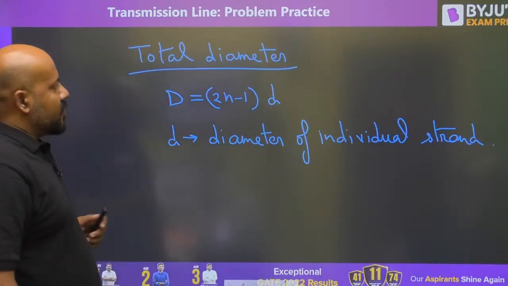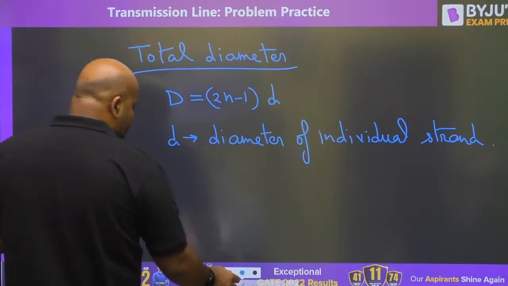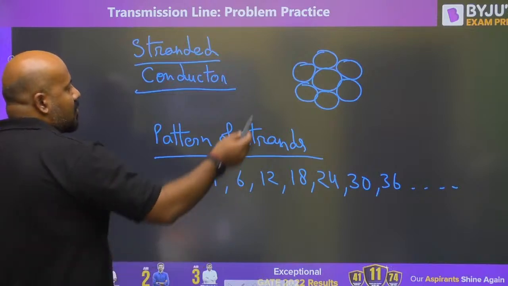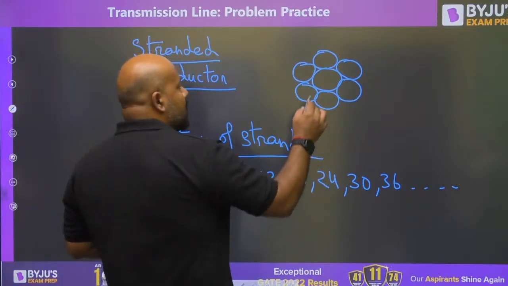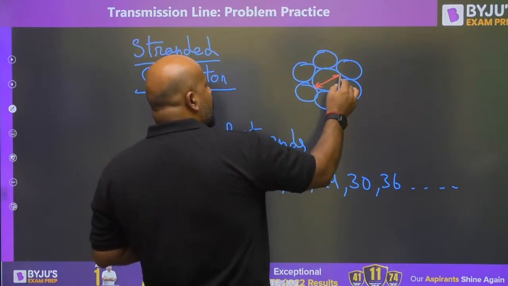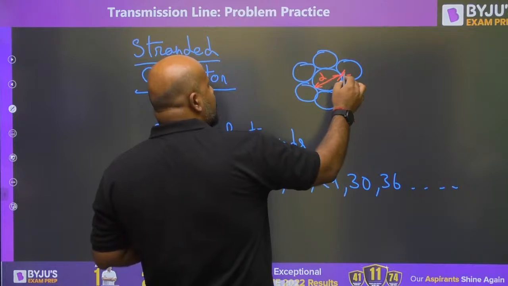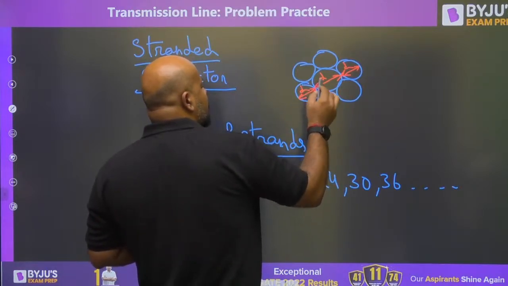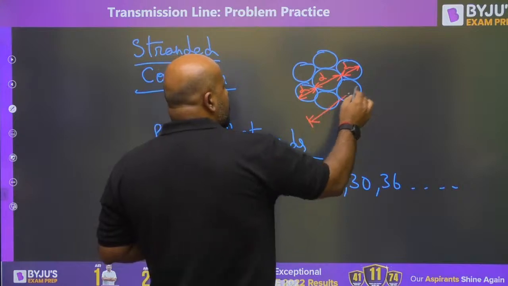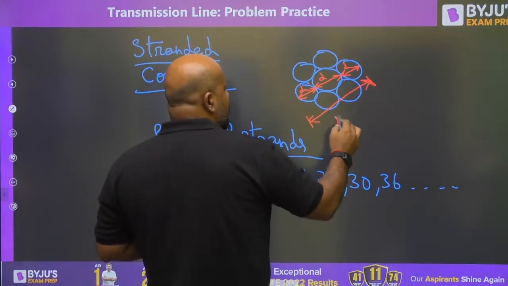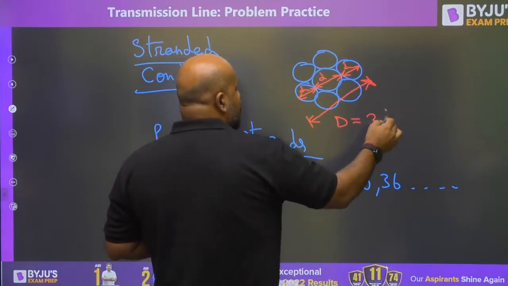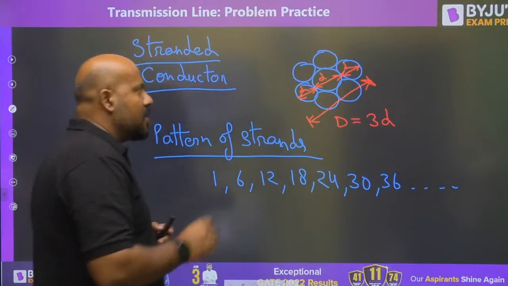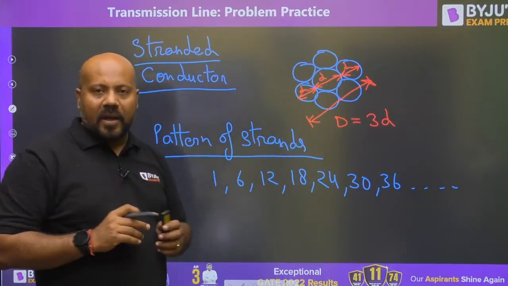If you want to prove this formula, let us talk about this. If this is the diameter of an individual strand, and this is the diameter of an individual strand, and this is the diameter of an individual strand, then the total diameter is going to be 3d. If you put it in the formula, how many layers do you have?